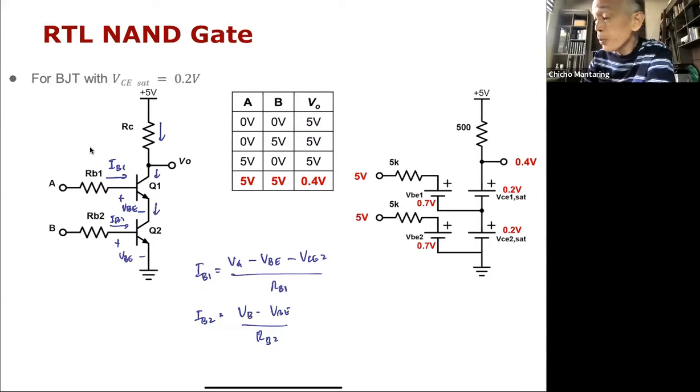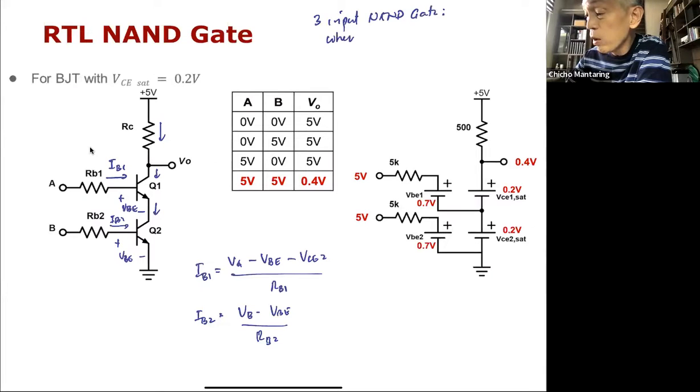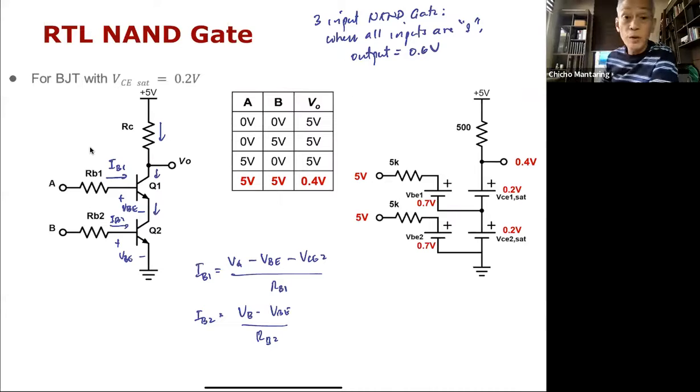So if I have a three-input NAND gate, when all inputs are 1, my output will be equal to 0.6 volts, because there are now three in series.